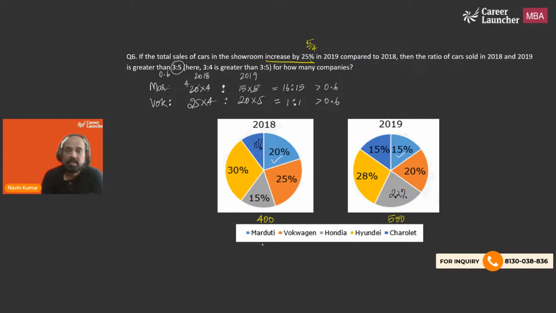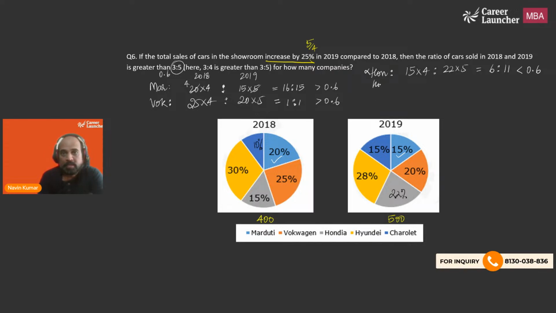Let's look at Honda. In 2018, this is 15 into 4, and in 2019, this is going to be 22 into 5, which gives us 60 is to 110, or 6 is to 11. Now 6 is to 11 is 0.5 something, because 6 upon 12 is exactly 0.5, and 6 upon 11 will be a little more than 0.5, but less than 0.6. So this should not be accounted for.